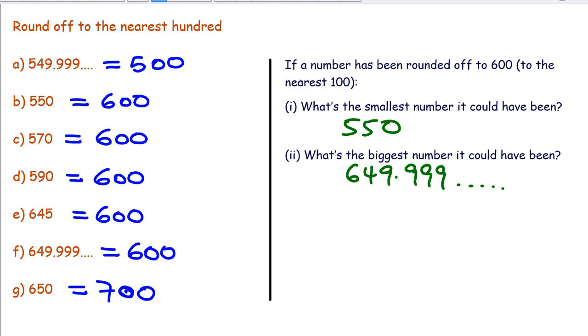So, suppose you want to represent a range of values that round off to 600 to the nearest 100. We can use inequalities.